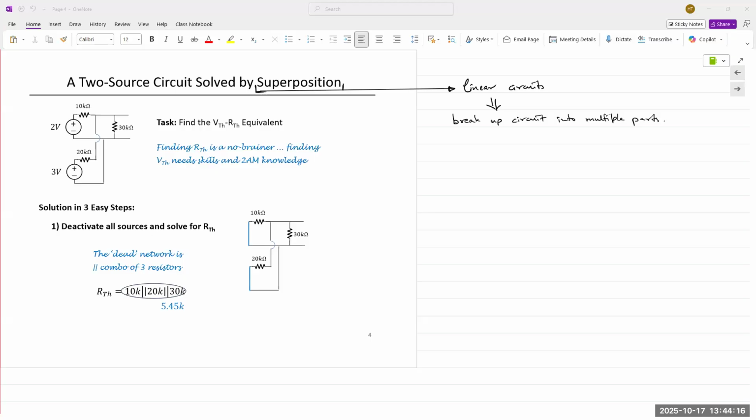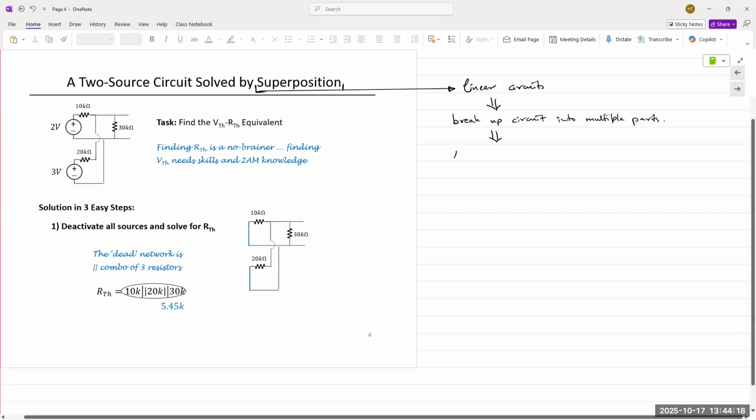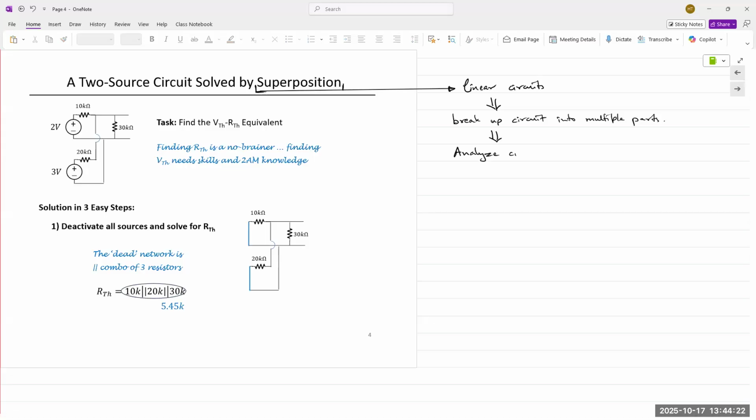So breaking up the circuit means analyzing the exact same circuit with only one source active at a time. Okay, only one source active at a time.